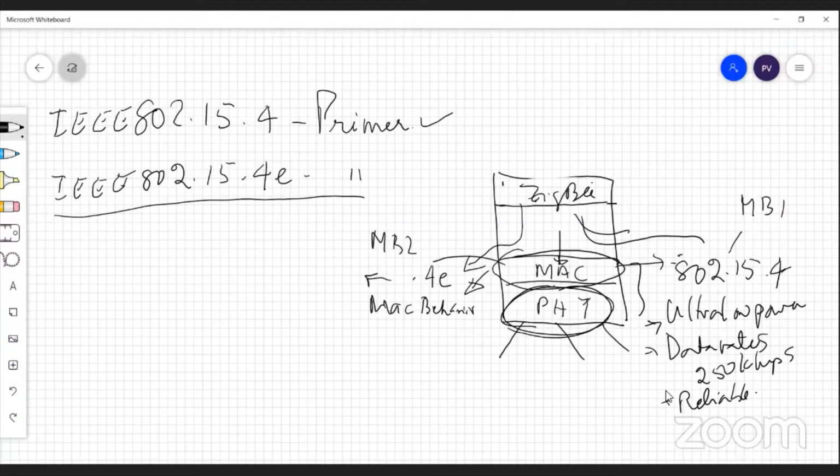There is an operation at 868 megahertz, in other words, a sub 1 gigahertz range. There is an operation at 915, depending on whether you are in Europe or US. You'd be using either 915 megahertz in the US or 868 megahertz in Europe and India, and also 2.4.